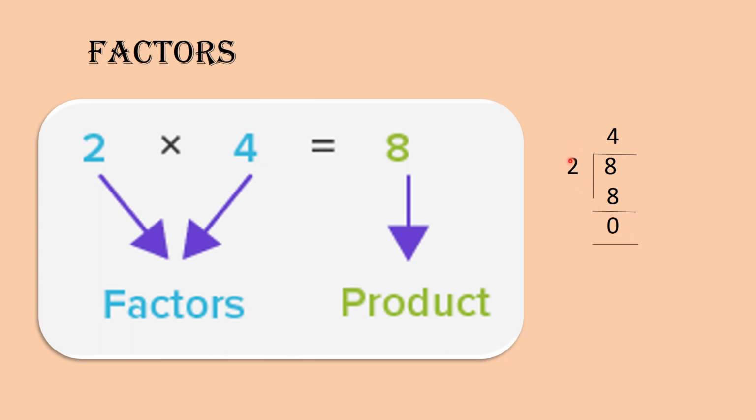So 2 is a factor of 8. Similarly, if you divide 8 by 4, you will get the remainder as 0. So 4 and 2 are factors of 8. A factor is nothing but a number which divides another number exactly without leaving any remainder.